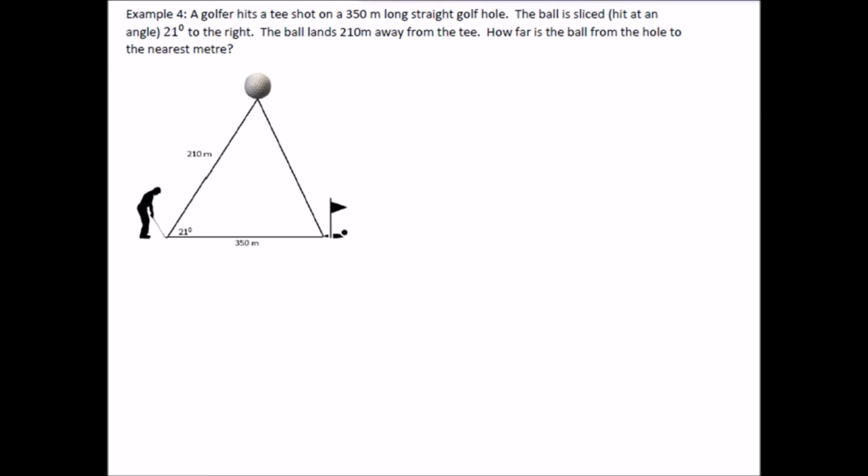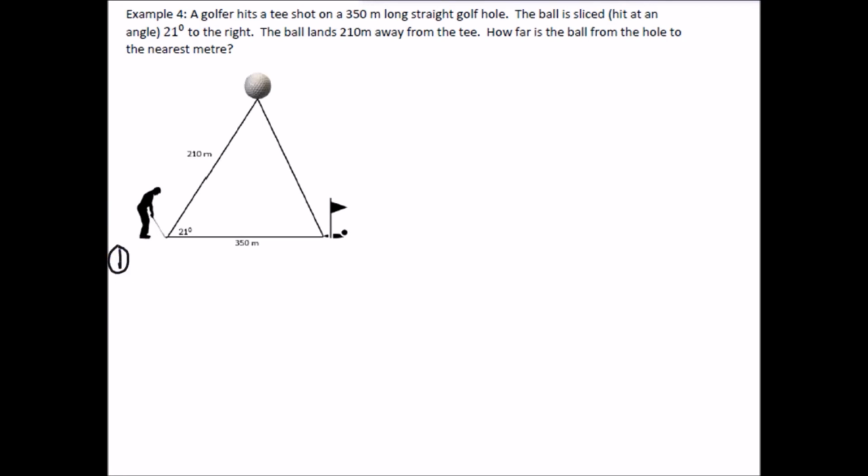Okay, example 4, last example. A golfer hits a tee shot, so the ball's on the tee, on a 350-meter long straight golf hole. So the golf hole is long and straight. It's not the green, but the length of that one hole, like maybe hole number 1.